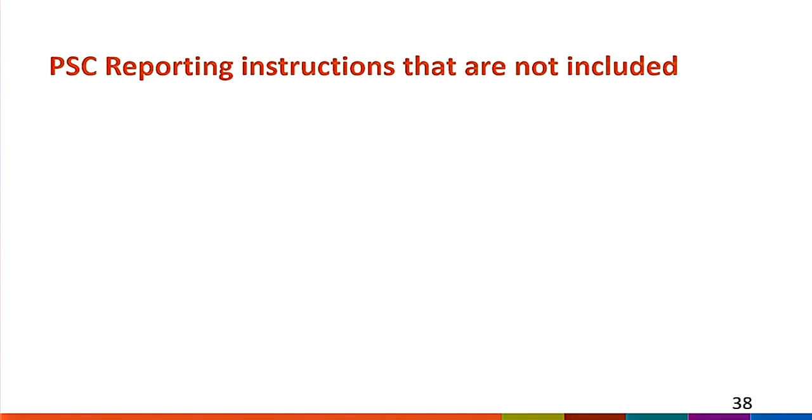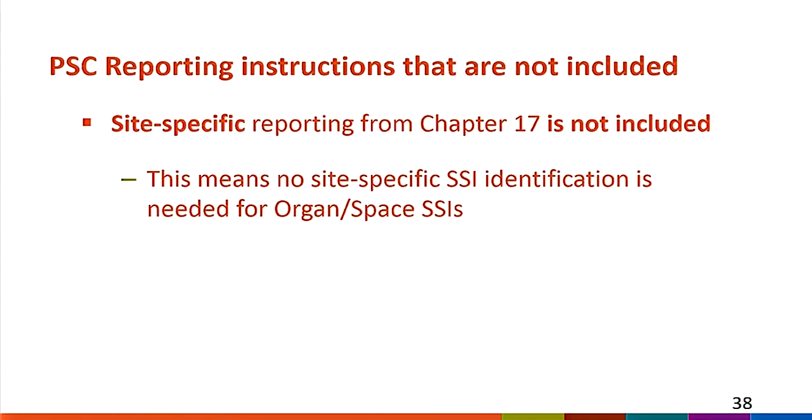The patient safety SSI reporting instructions that are not included in OPC: the site-specific reporting details from Chapter 17, the surveillance definition for specific types of infections, are not included in the reporting requirements.